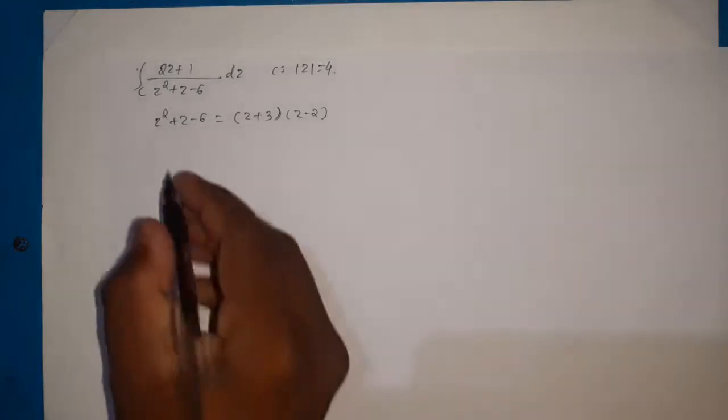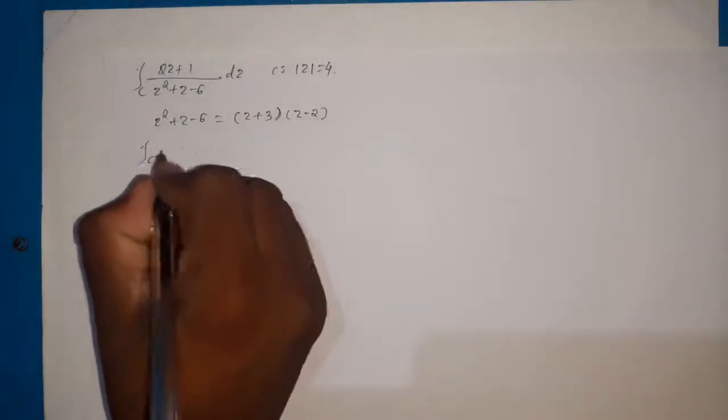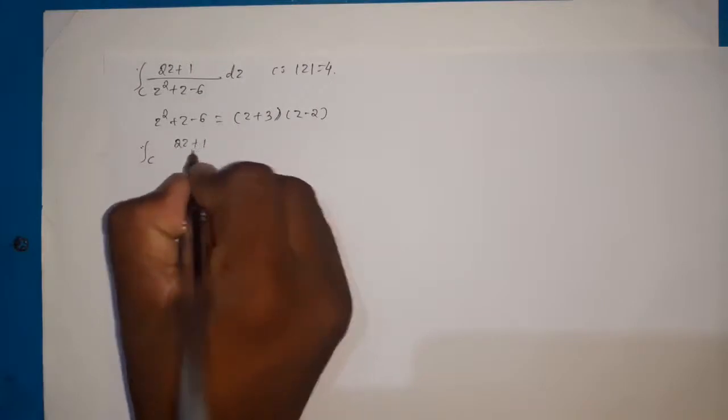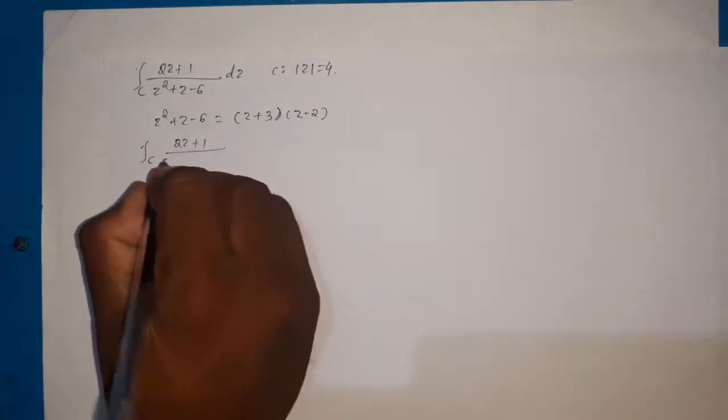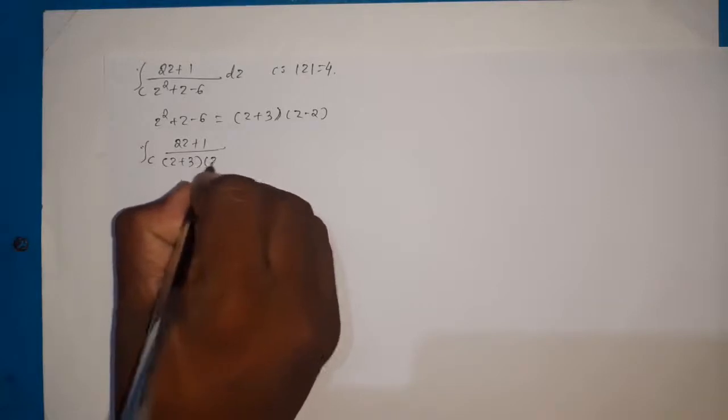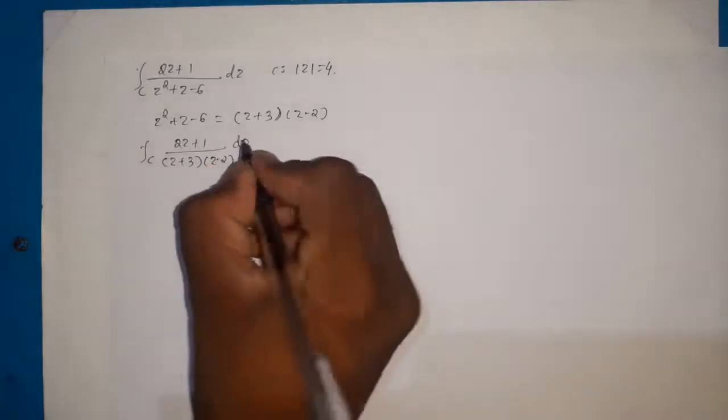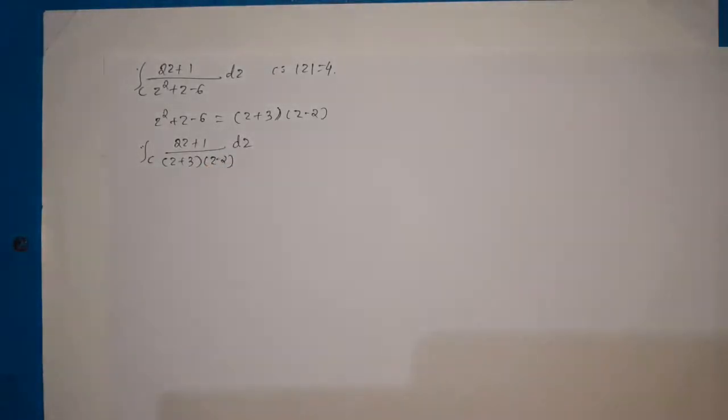Then here that integral becomes integration over c (2z plus 1) divided by (z plus 3)(z minus 2) dz. But in Cauchy's integral formula for derivatives, there is only one factor in the denominator, right?